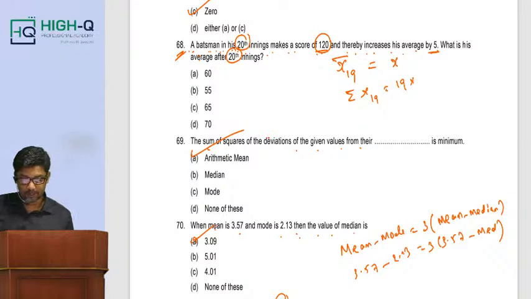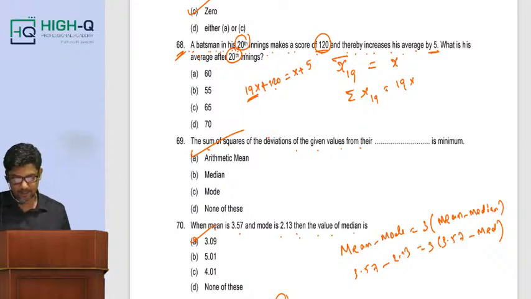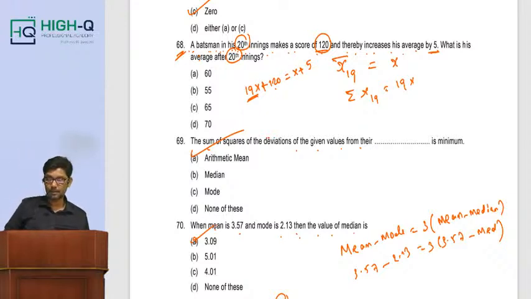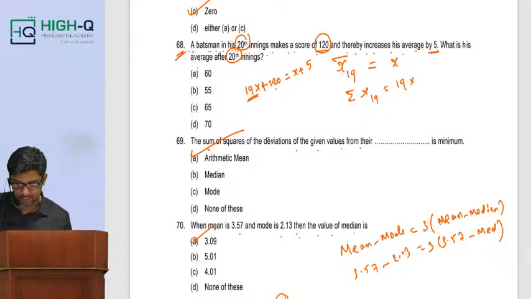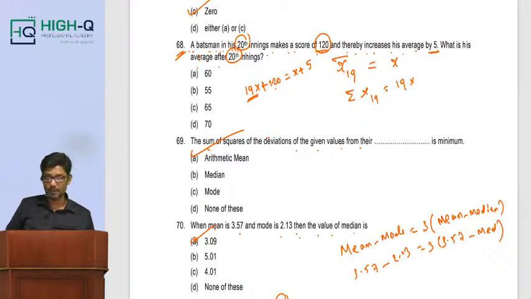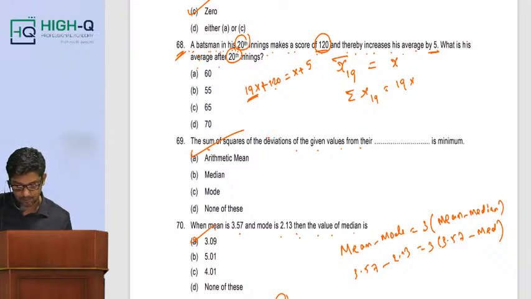Now in the 20th match he makes 120, which is nothing but 19x plus 120. This is the total number scored in 19 matches plus 120 in the 20th match. So what exactly happens? Plus 5, it is increasing by 5. Now, what is the average after the 20th innings is the question. First, let me find out what X is.